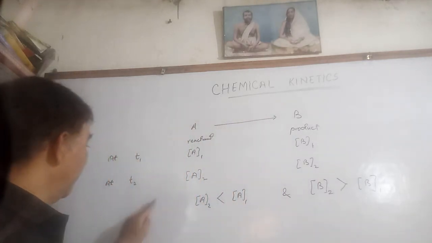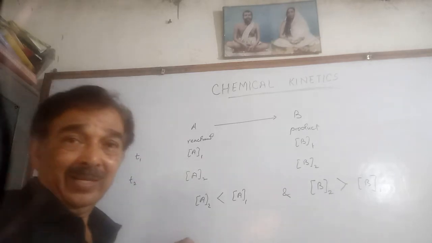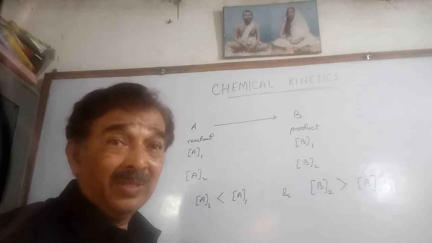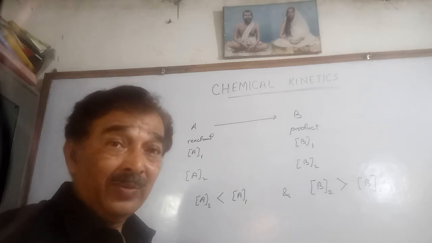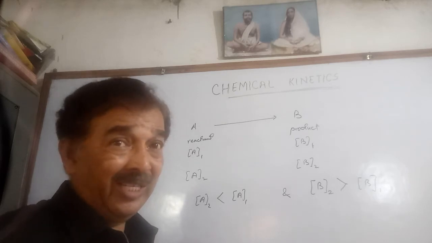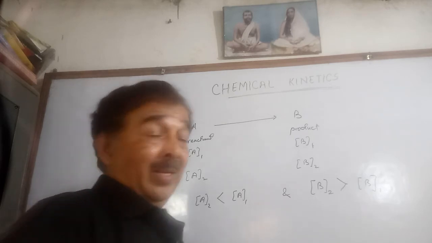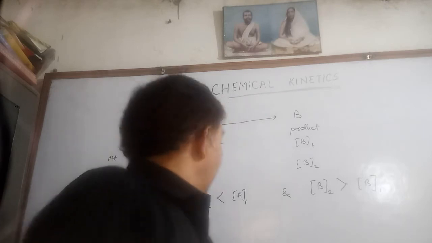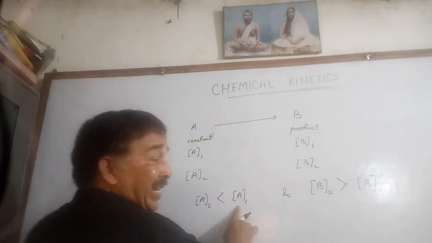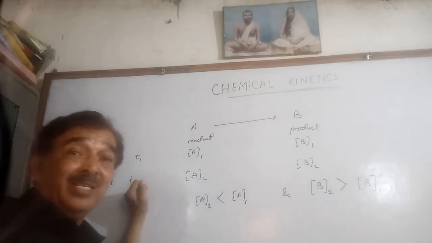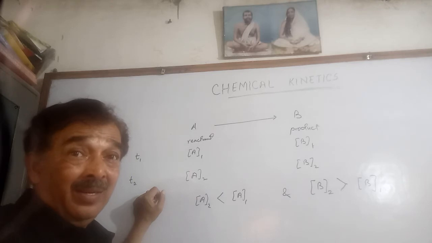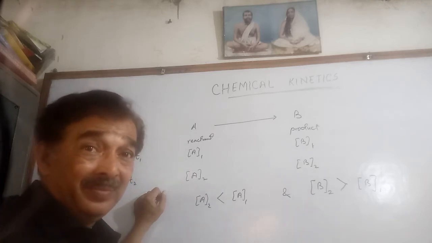So reaction rate is the change in the concentration of either reactant or product divided by time taken for the change in the concentration. A2 is always less than A1 and the change in concentration is A2 minus A1, so it will be negative.